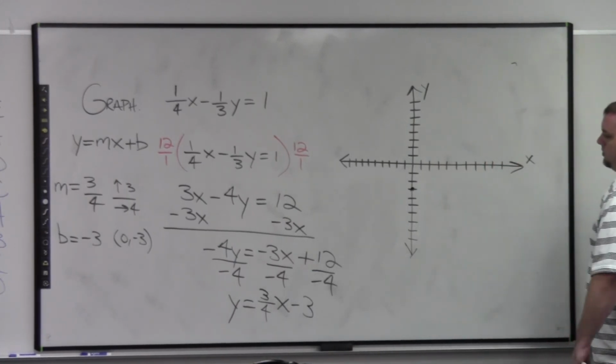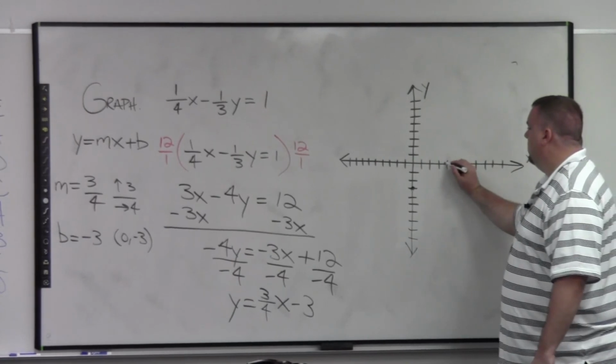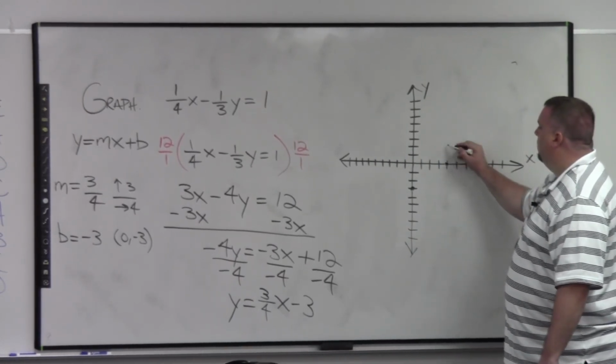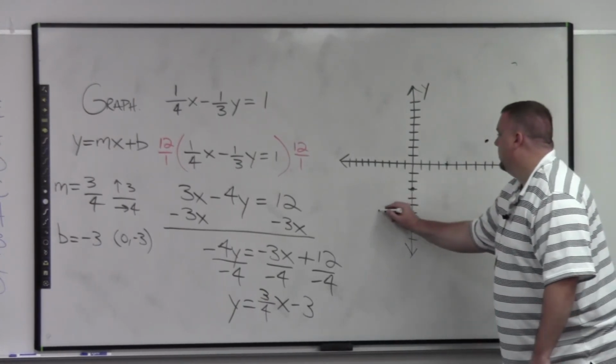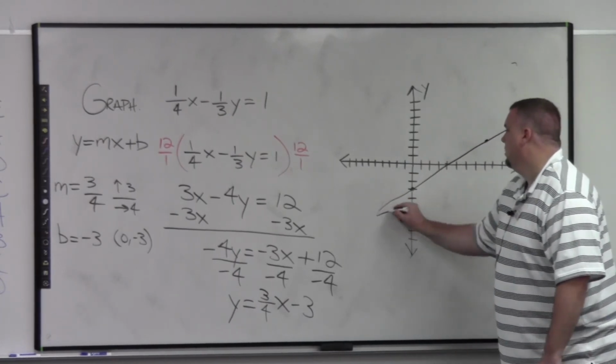From my y-intercept, I'm going to go up 3 and over 4. Let's get a third point just to make sure we're lined up. Up 3, over 4 again. Connecting those points, we get this line.